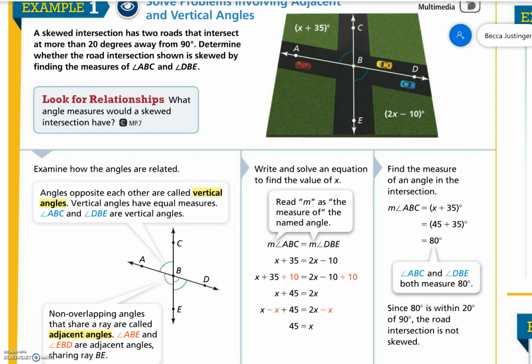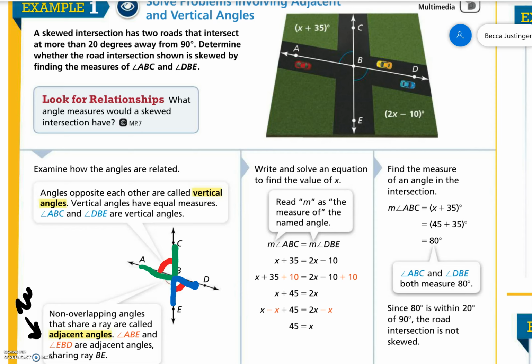So first of all, we need to talk about vertical angles. Vertical angles have equal measures. They are across from each other. So this angle and this angle are equal to each other because they are vertical. Something that helps me remember is they connect with two V's, vertical. Non-overlapping angles that share a ray are called adjacent.